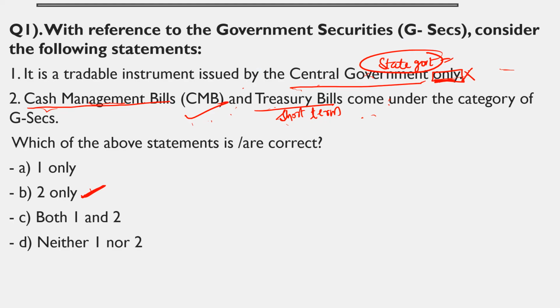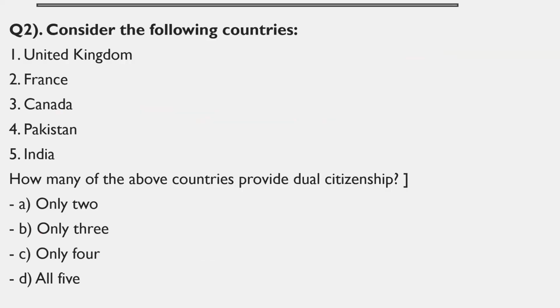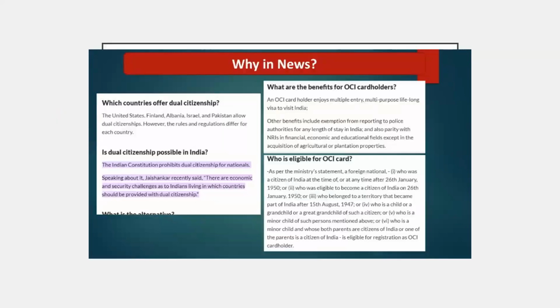Getting my point, everyone? Moving on to the next question, about the names of the countries providing dual citizenship. You all know India is not a part of them, because recently this topic was in news: is dual citizenship possible in India? Jaishankar, the External Affairs Minister of India, recently said that, given economic and security challenges, Indians living in certain countries should be provided with dual citizenship.